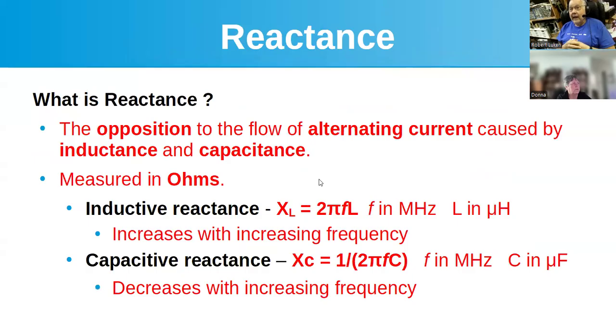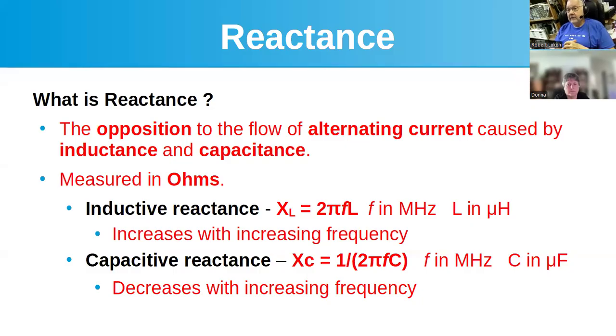So what is reactance? It's the opposition to the flow of alternating current caused by inductance and/or capacitance. We measure it in ohms. The formula for inductive reactance is X, we usually use X sub L, which is 2 pi F, again, like in the first one, times the value of inductance.